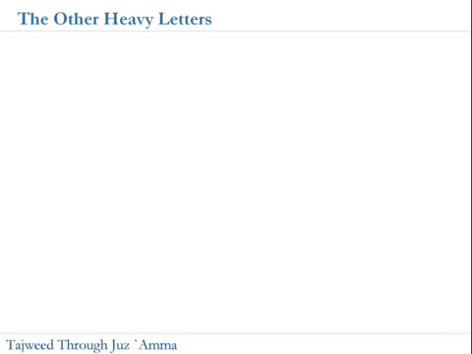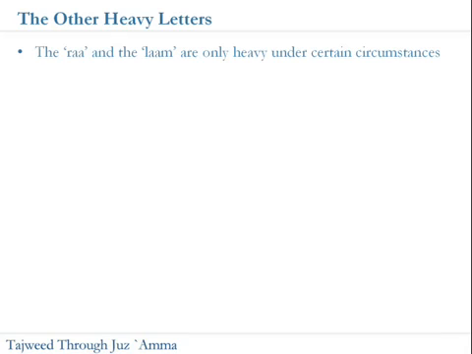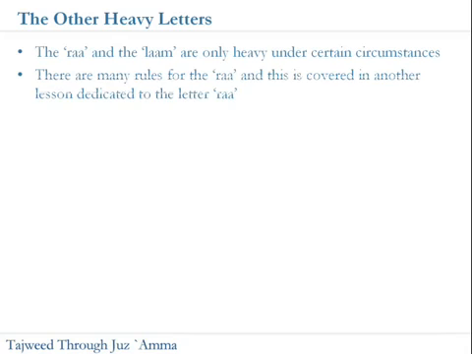Okay, so a note here as well on other heavy letters. So the Ra and the Lam are only heavy under certain circumstances. Okay, so these two letters, the Ra and the Lam, they're sometimes light and they're sometimes heavy. Now the letter Ra is actually a very difficult letter to master.